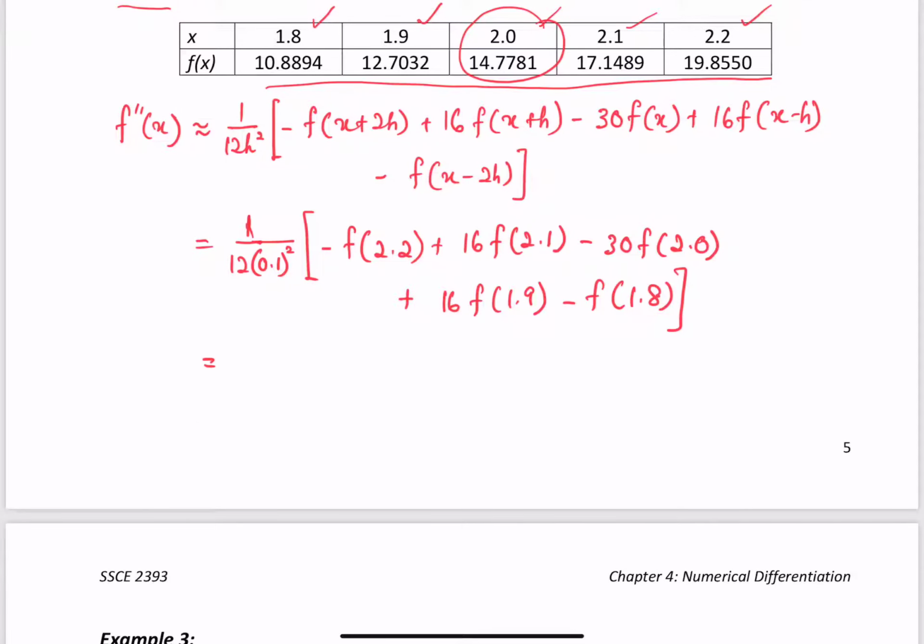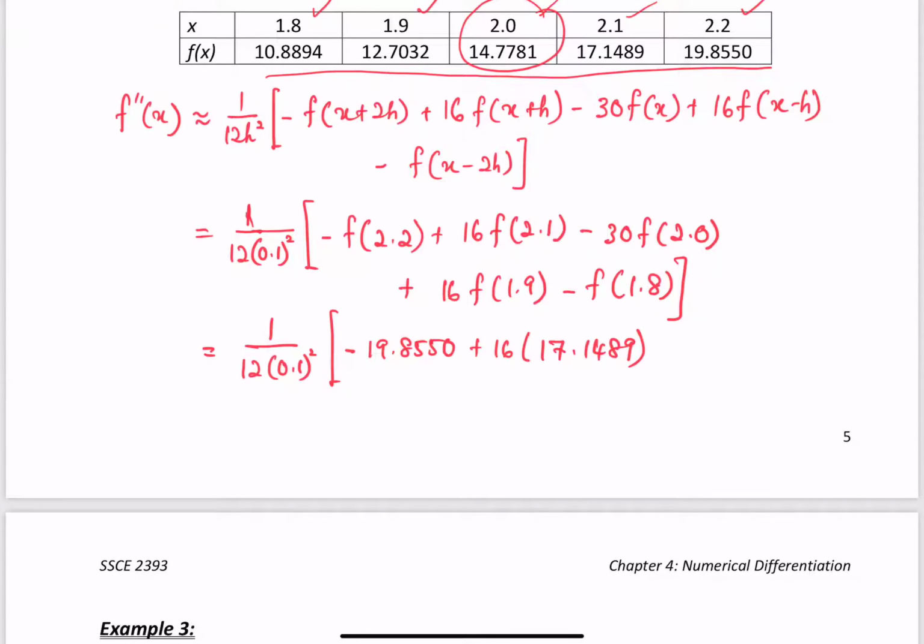You get 1 over 12 times 0.1 square, and then minus f(2.2), which is 19.8550, plus 16 multiplied by 17.1489, and then minus 30 multiplied by 14.7781, and plus 16 multiplied by 12.7032, and minus 10.8894.